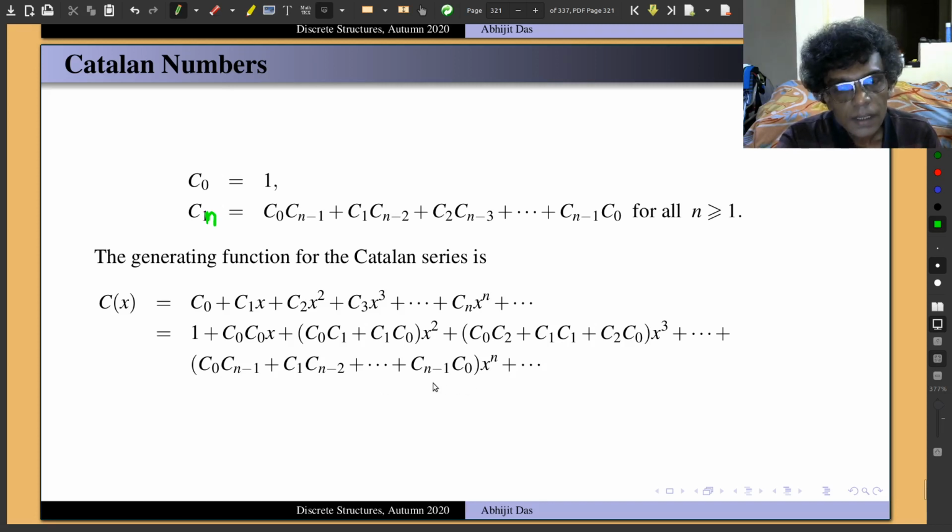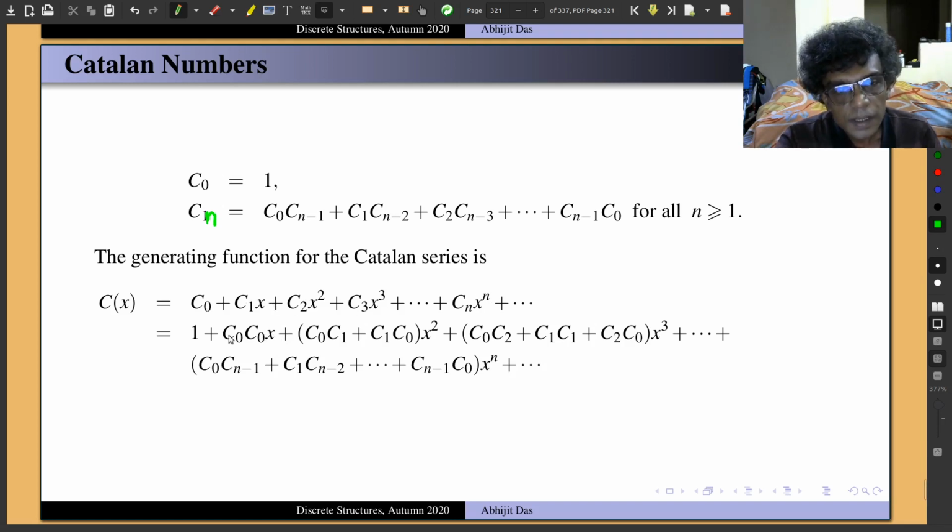Now you see that this is nothing but a convolution of the sequence with itself. Only one extra x is here. Other than that, it is just the convolution of this with itself.